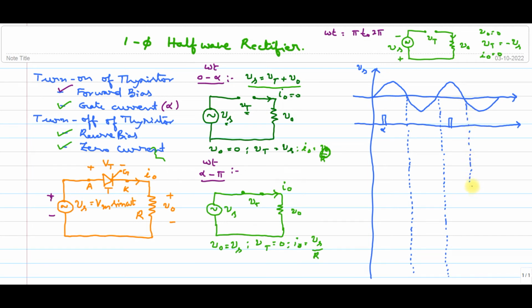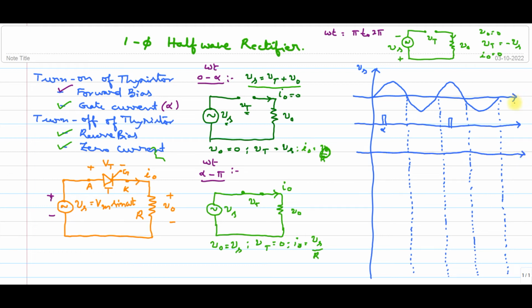It is better every time to take two complete cycles so that you can explain completely. And it's very easy because every time we are following the source voltage Vs only. So once this part is over, now I can draw this.